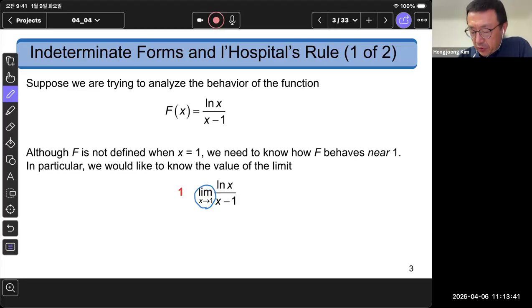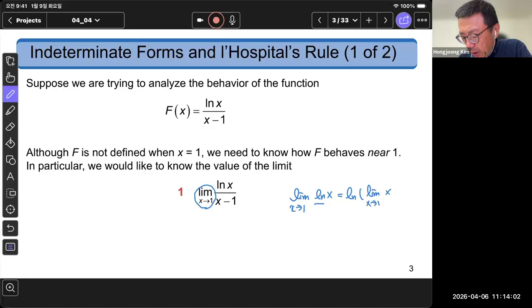If I have just the limit of log x as x approaches 1, it is simple because the log function is a continuous function, so I can switch the limit and the log function, and the limit of x as x approaches 1 is just 1, and log 1 is 0.